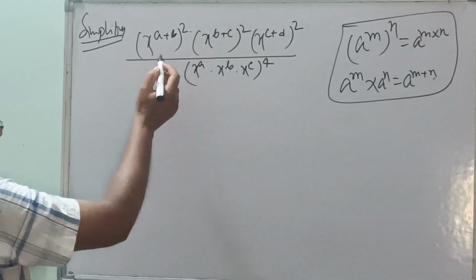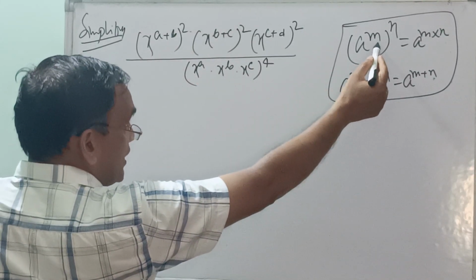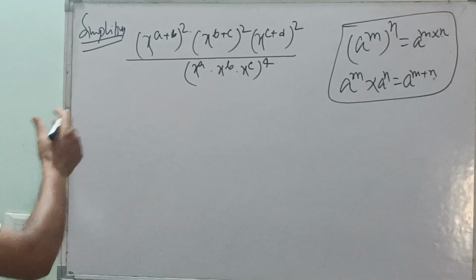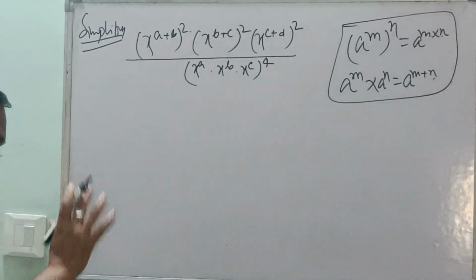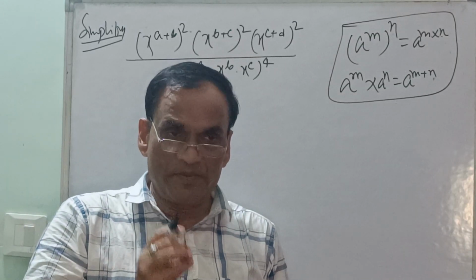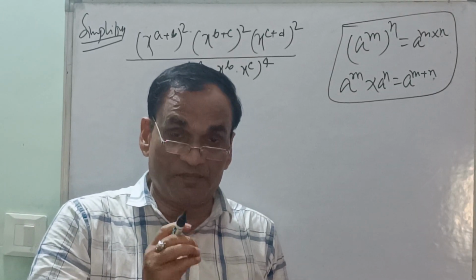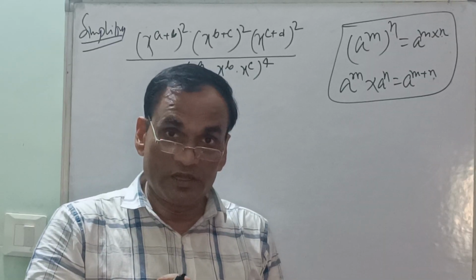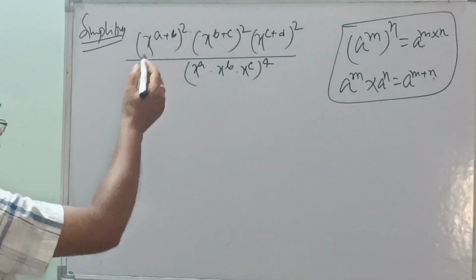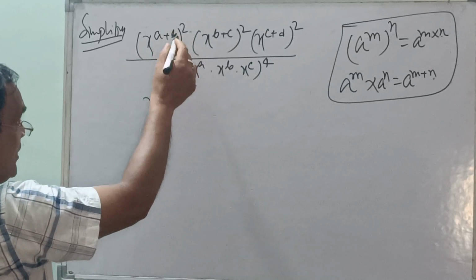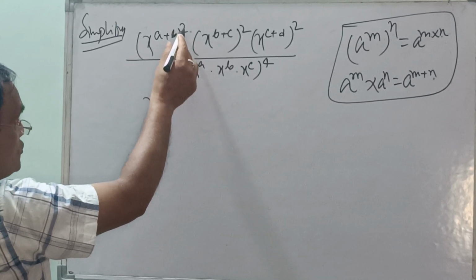Now, I have discussed power m into n, so we have written power m into n. Now, what will you write here? I am going to simplify from the grassroots level. Now 2 into a, we are multiplying because powers are multiplied.